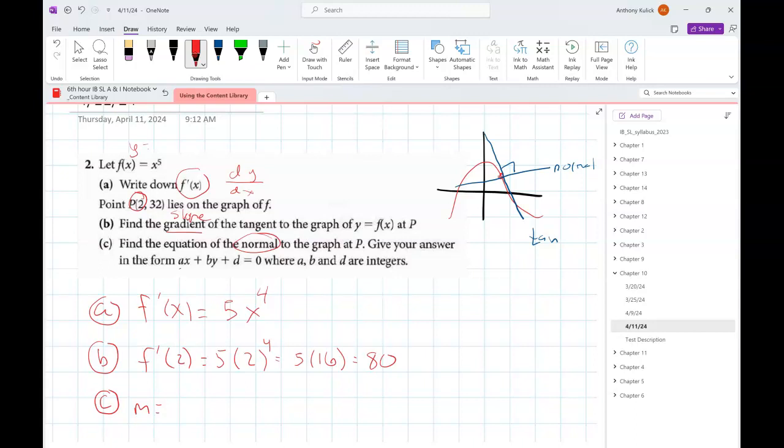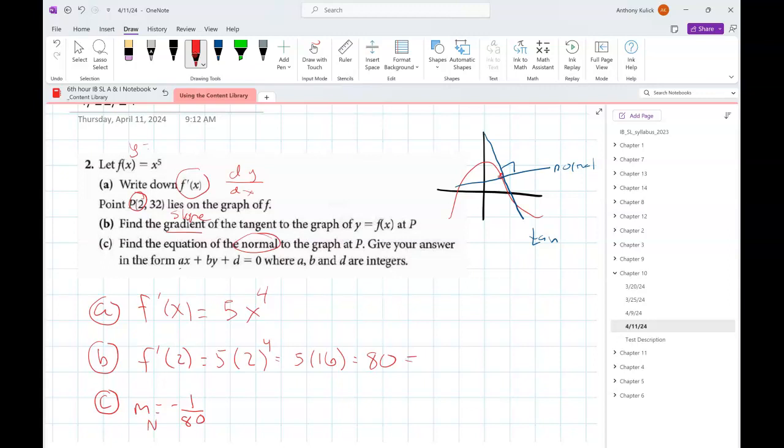Nope. Nope. Nope. Nope. You're getting closer, though. Nope. There you go. So again, the normal should be the opposite reciprocal for the slope of the tangent, right?